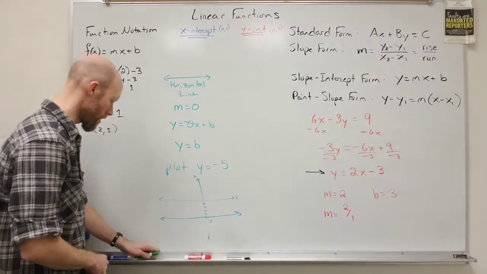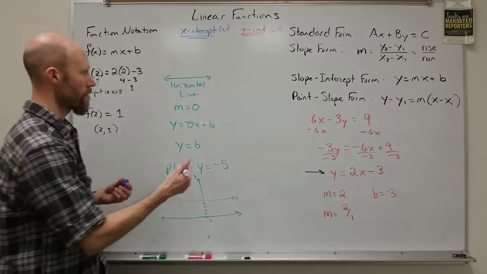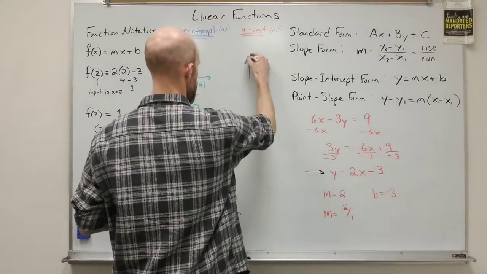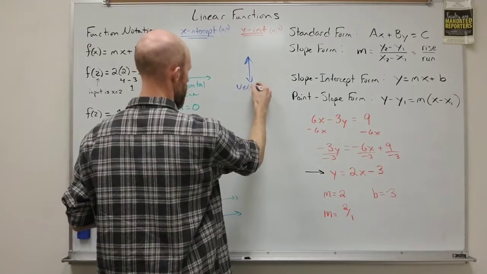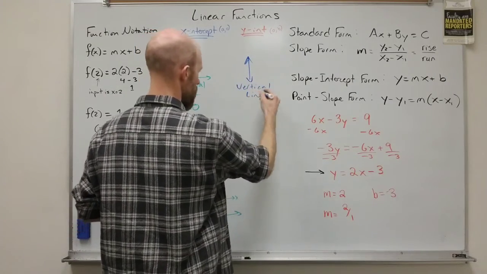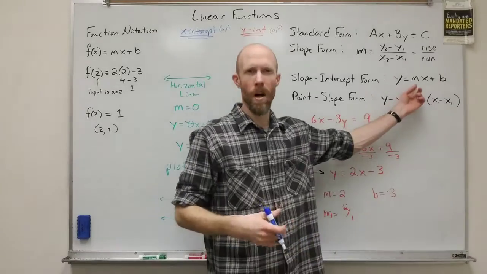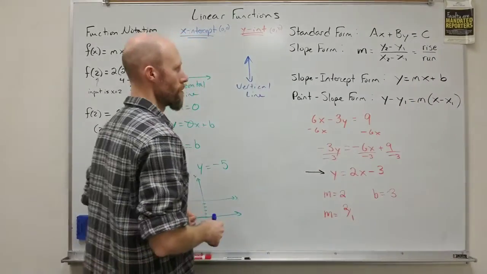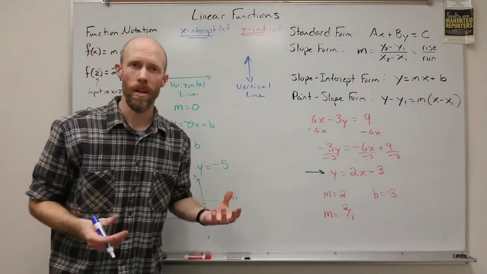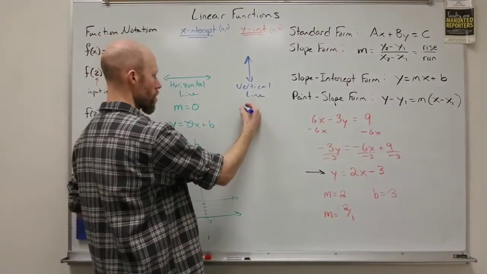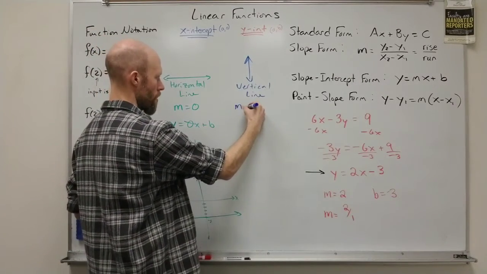Vertical lines are a little bit different. A vertical line doesn't even have a slope. The slope is undefined. It doesn't exist. And so the equation is completely different. So m is undefined.